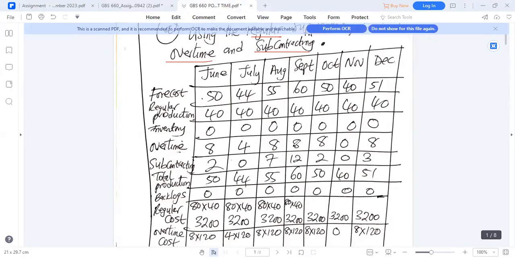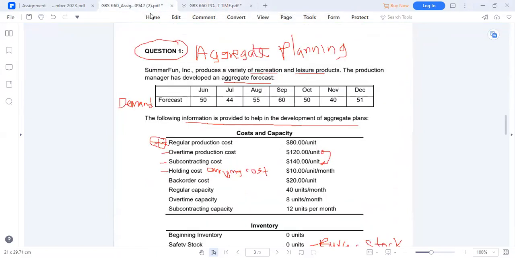We're supposed to produce on a regular basis 40 units. Now, these 40 units on a regular basis, regular capacity is 40 units. The overtime is 8 units. And subcontracting is 12 units.